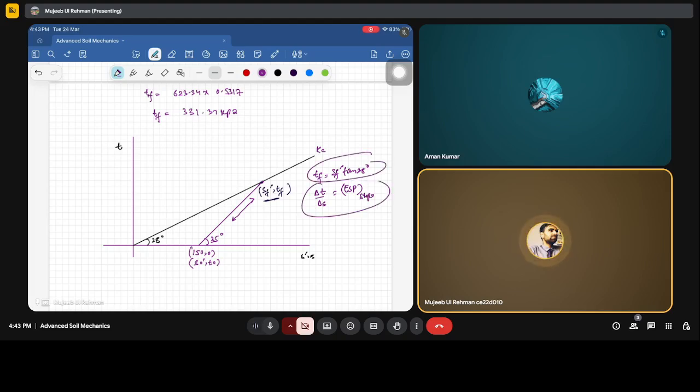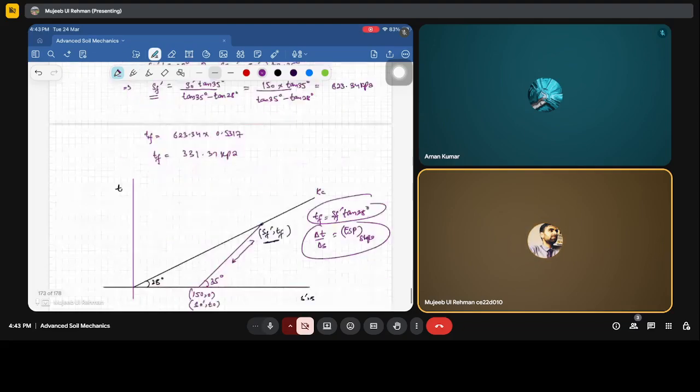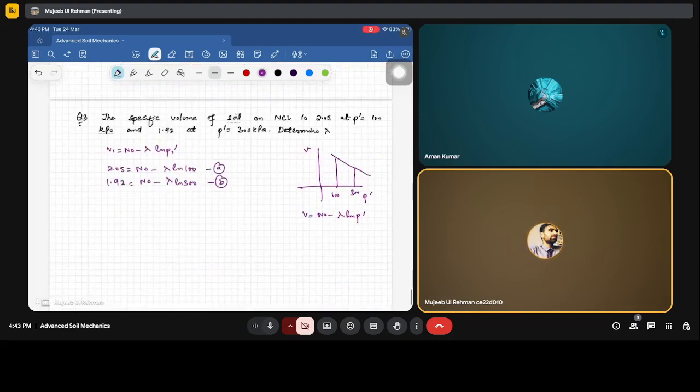So with these two we will be able to determine this. Fine. Now this question number 3, the specific volume of soil on NCL is 2.05 at P is equal to 100 and 1.92 at P is equal to 300. Determine lambda. So we'll use this equation.